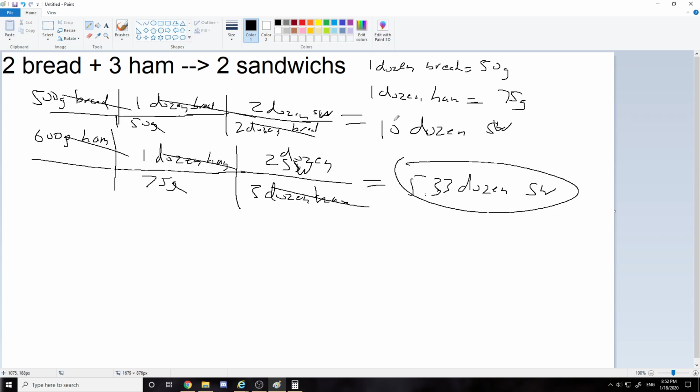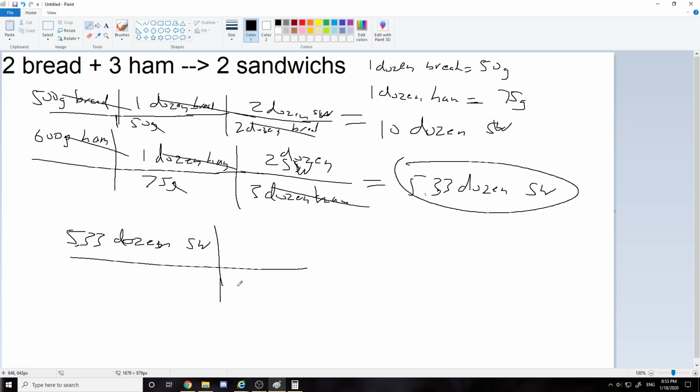We have leftover bread. How do you find out how much leftover bread there is? Well, if you know you made 5.33 dozens of sandwiches, okay, find out how much bread you need to make that many sandwiches.